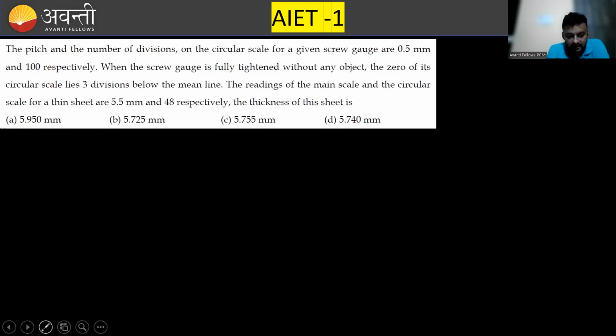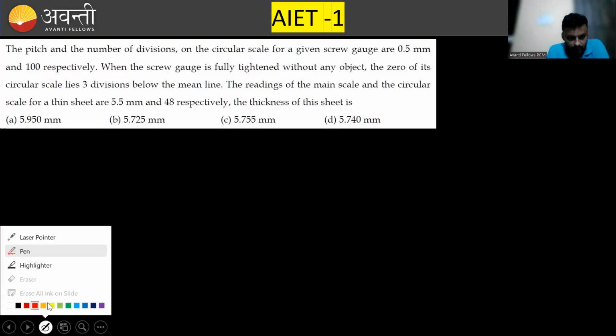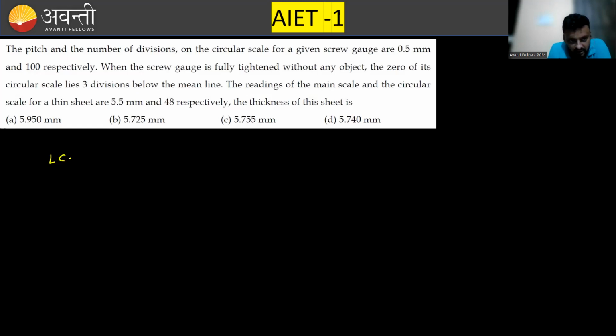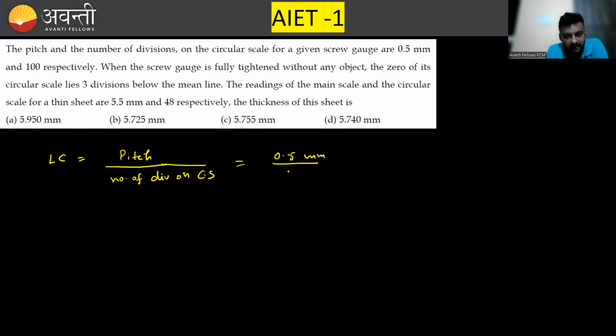So least count is equal to pitch divided by number of divisions on the circular scale. I think you can remember this formula easily. So 0.5 mm divided by 100 will become 0.005 mm. This is the least count.